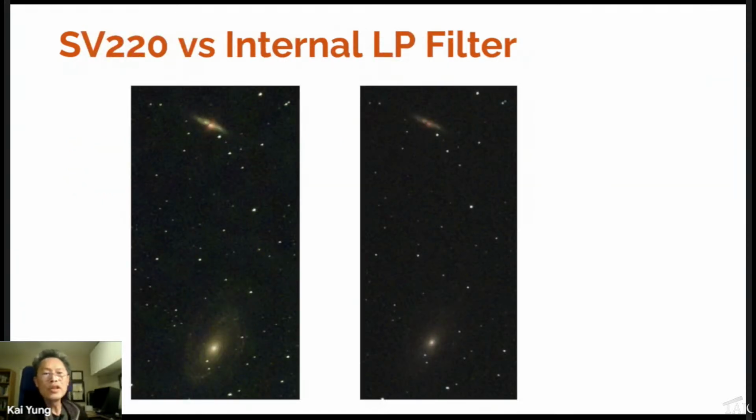To see what you can get out of that, here is the difference between the dual band 7 nanometer filter compared to the built-in light pollution filter. From there, you can see quite a bit of the red, the H-alpha type signals, and you can even see nebulae in this galaxy here, compared to just the light pollution filter.